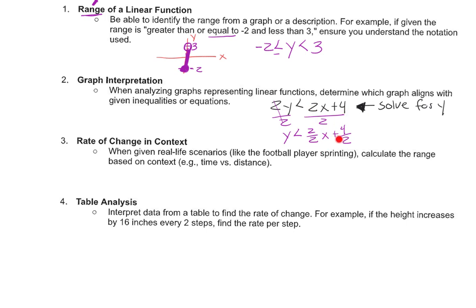I just moved this over here. This means the same as this, but I now need to keep simplifying. So y is less than 2 over 2, which simplifies to 1, so I don't need to write it. I'm just going to say x plus 4 over 2 simplifies to 2. So there is the simplified inequality.